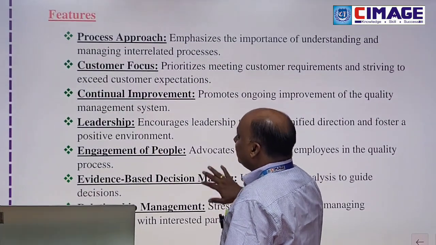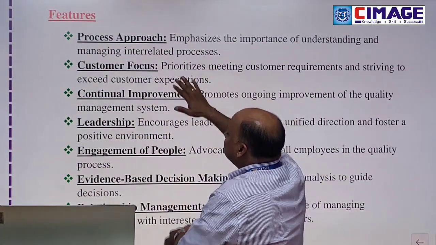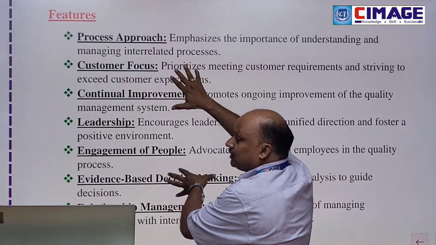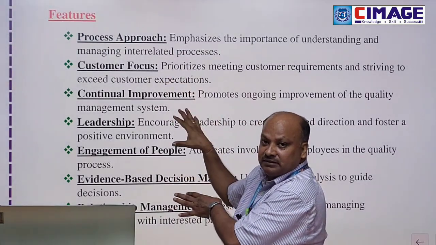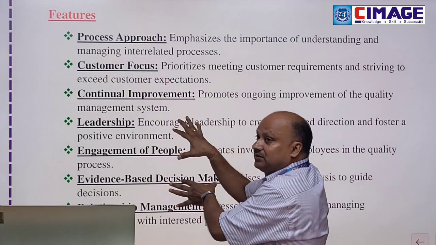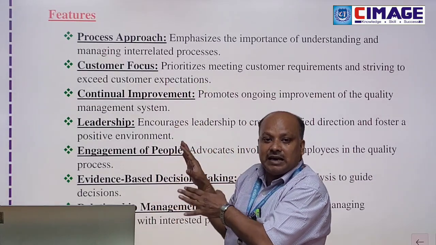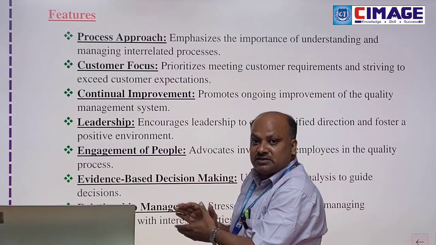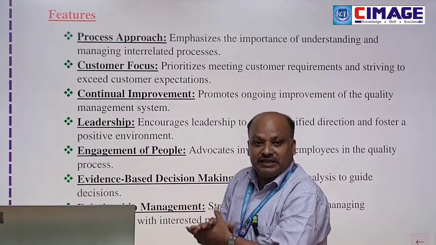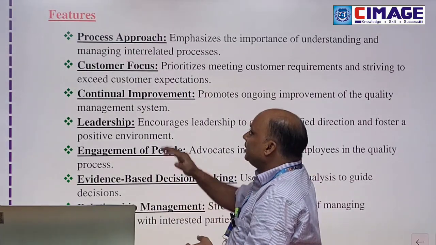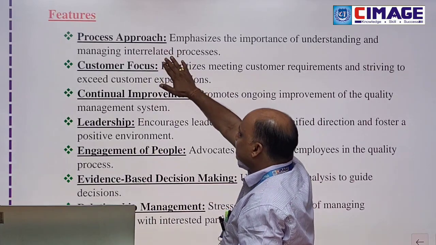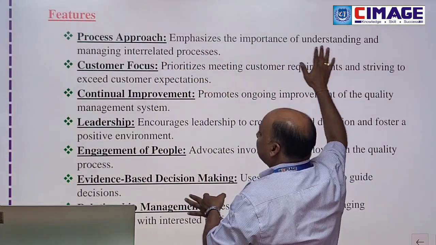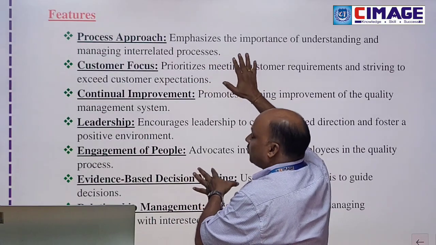Here we can easily see that these are the approaches and concepts involved under ISO 9000. This made the system a reliable and credible one, and on this basis one can prove its quality. For example, the process approach emphasizes understanding and managing interrelated processes.